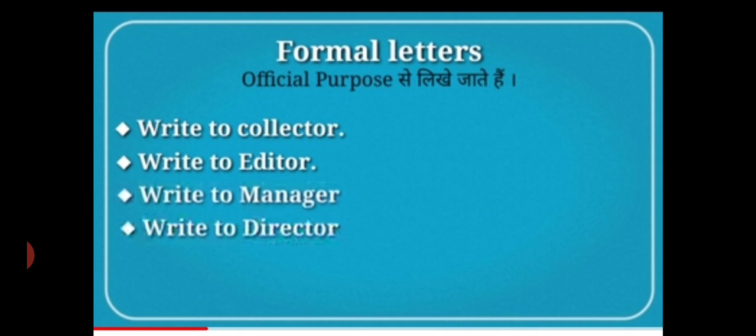You can write to the director of any company, university or school, or to the collector of any district regarding your issue. You can also write to a press editor, if you are facing a problem and want it to be exposed publicly. This way you can understand to whom you can write a formal letter.